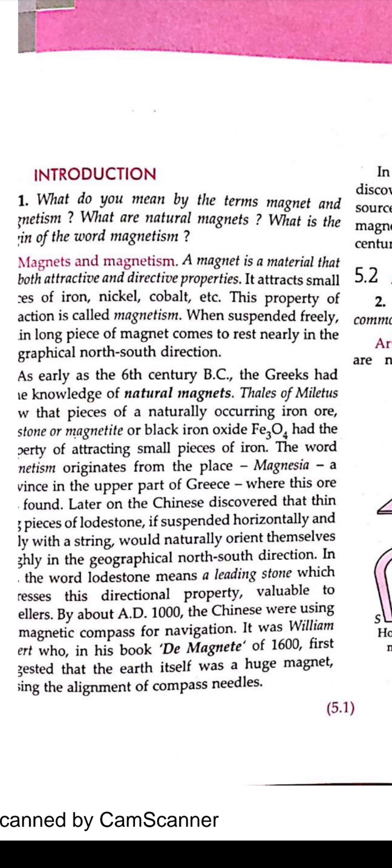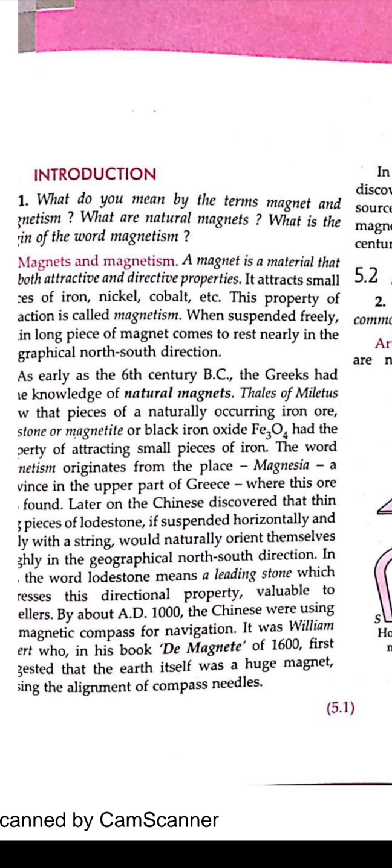It was found that the shepherds, when they took their sheep for grazing, were not comfortable in walking. They used to wear shoes which had some iron nails, and sticks with a small iron nail, which used to be attracted.